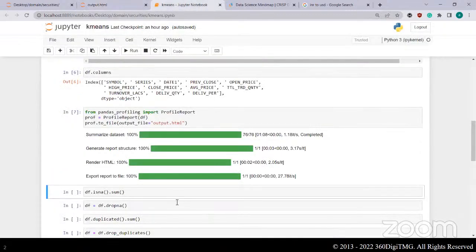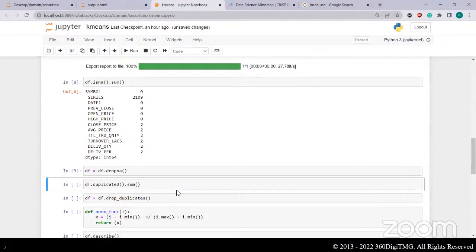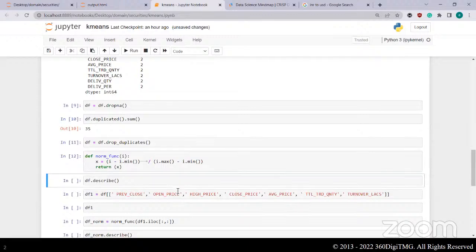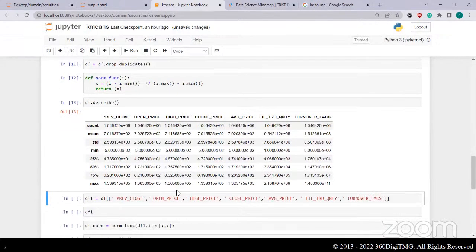All right. So moving forward, we know we have missing values, so we'll drop all the missing values. We know we have duplicate values, so we'll drop all the duplicated values. We'll apply the normalization function. We'll take describe.